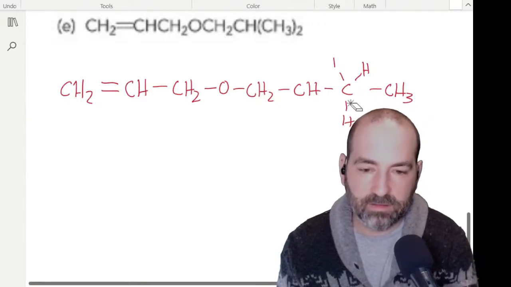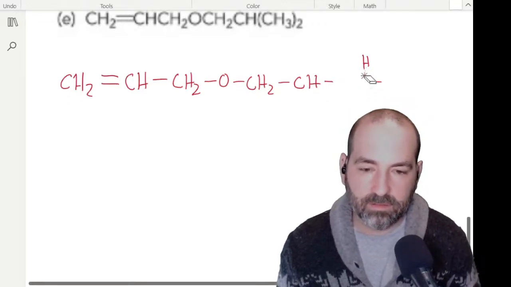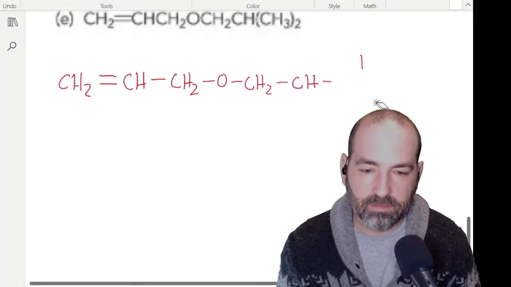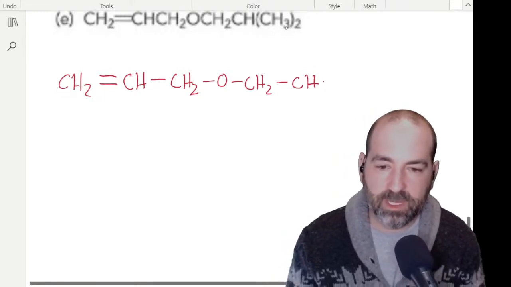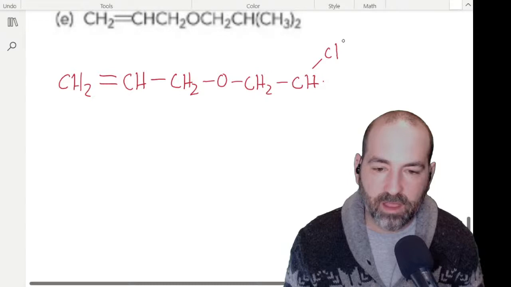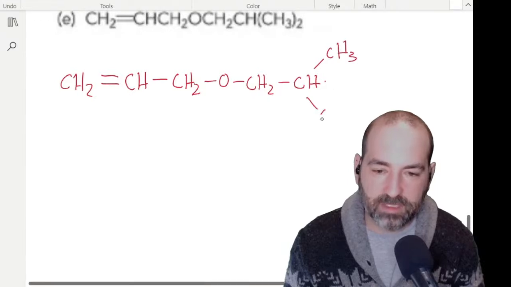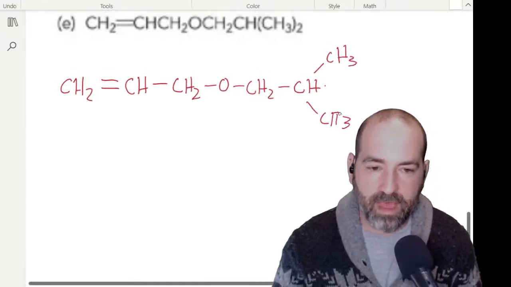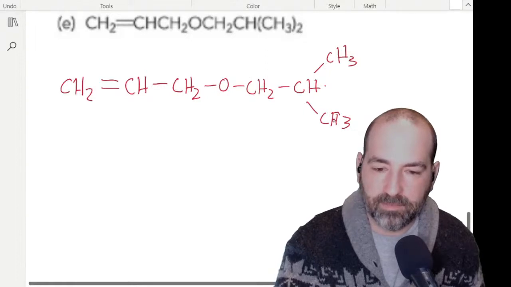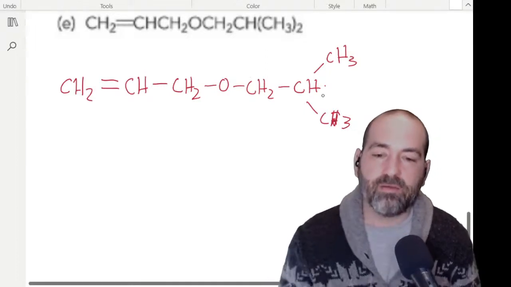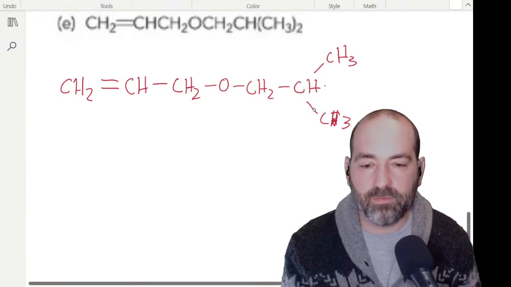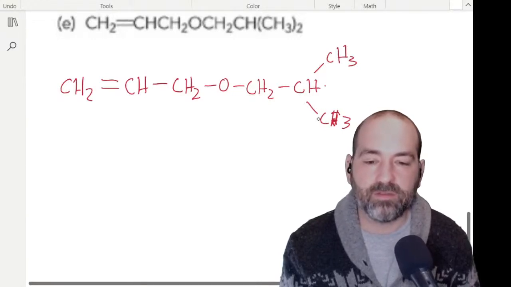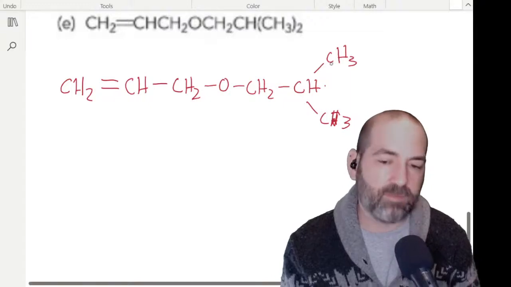So let's see what that would really look like. Really we should have 2 CH3s coming off of this middle CH. That way, the C here is going to have 1, 2, 3, 4 bonds, and the C here 1, 2, 3, 4, and the C here 1, 2, 3, 4, and we're all good.